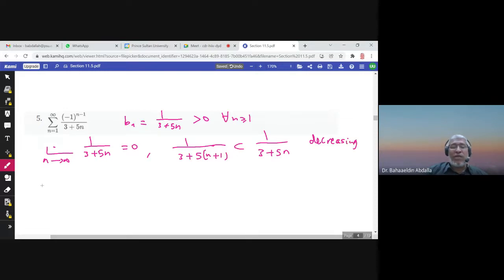So Bn is decreasing. So by the alternating series test, summation An converges. So this alternating series also converges. This is An.